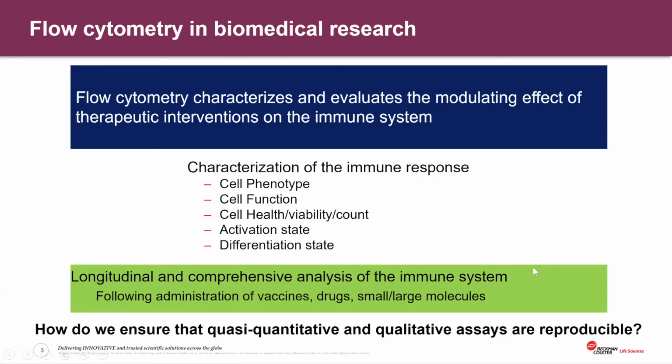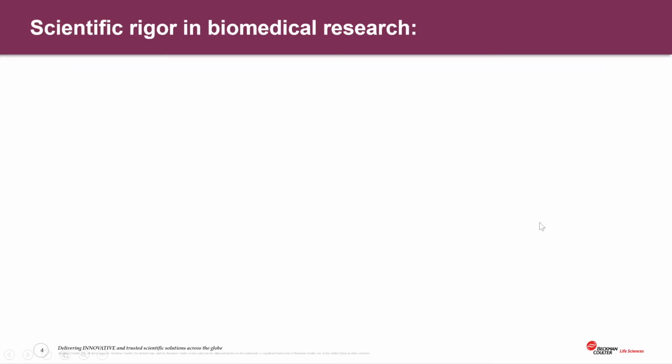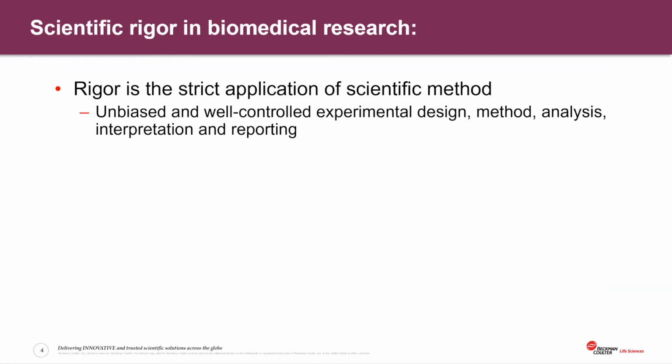So ultimately, the question is, how do we ensure that this quasi-quantitative and qualitative assay, such as flow cytometry, is reproducible? This is where scientific rigor comes into play. And before we go on, we're going to define what exactly scientific rigor is. So scientific rigor is the strict application of the scientific method, specifically pertaining to our experimental design, method, analysis, reporting, as well as interpretation.